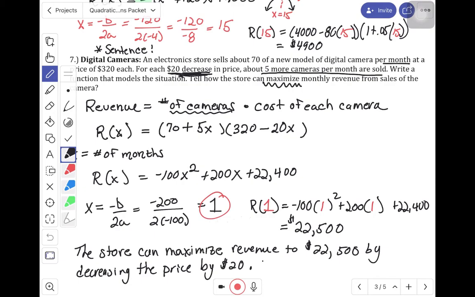Our new price is $300. So they'd have to sell the cameras for $300.